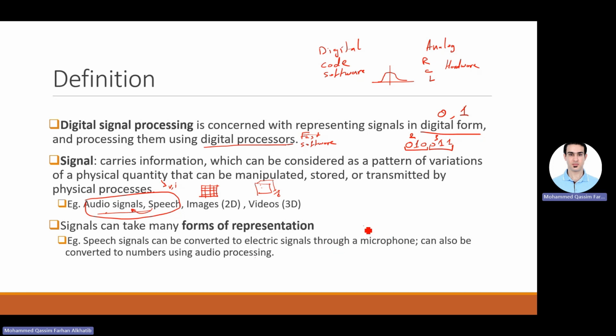And this is what we call a transducer. A transducer is a device that just changes the energy from one form to another. So a microphone changes the energy, like the voice vibrations, into electric signals, and these can also be converted to numbers. So everything in the computer will be numbers, 4, 5, 6, whatever.